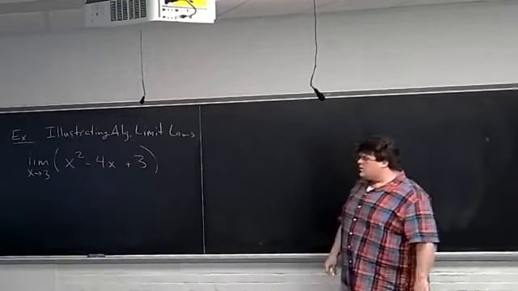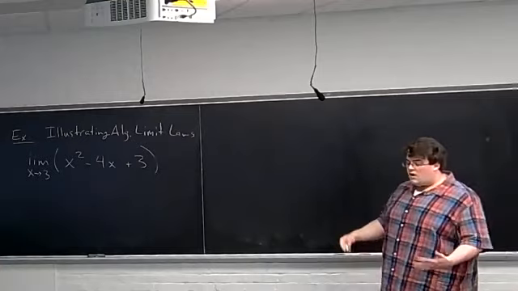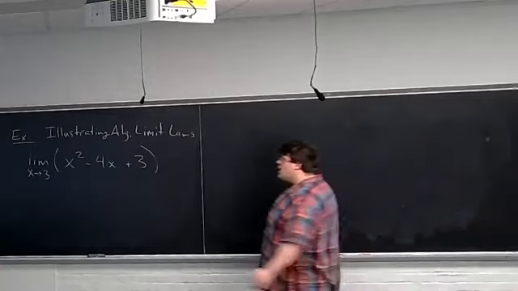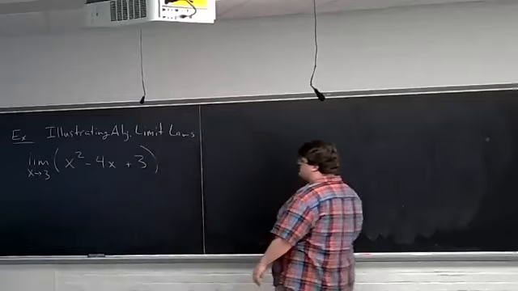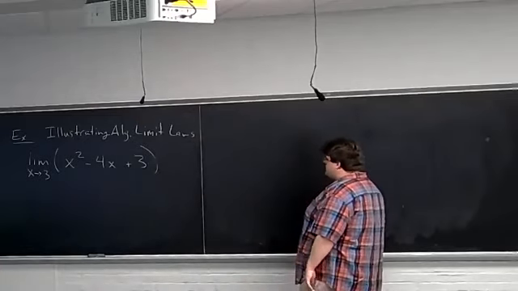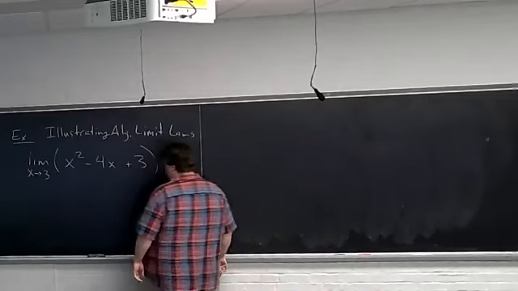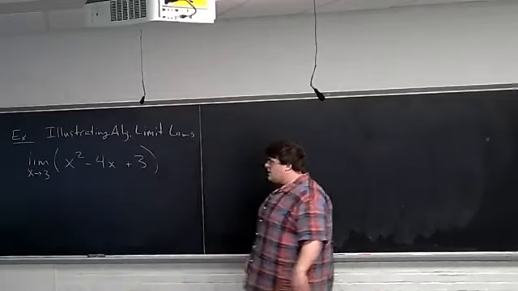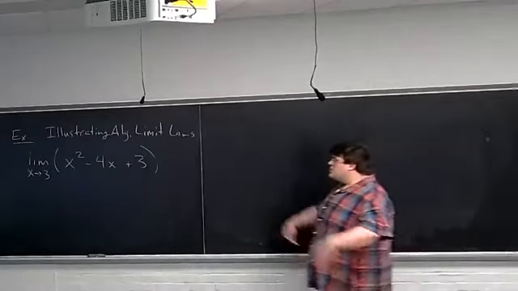So what do we have here? We have the limit of this function. Well, we could graph this. We could complete the square, graph it. It would be a parabola, going through the point 2, I don't know, -5 or something, 2, -1 maybe. Doesn't matter.